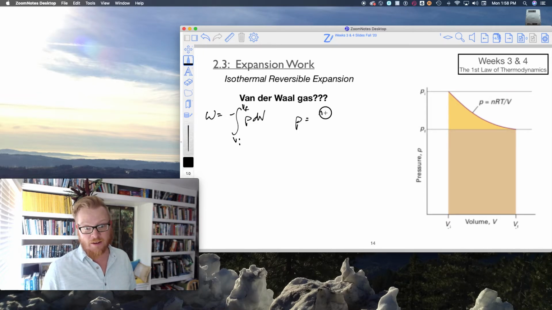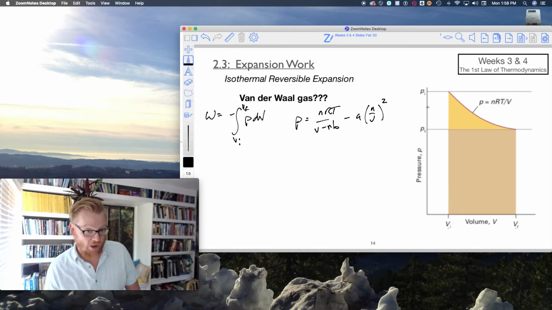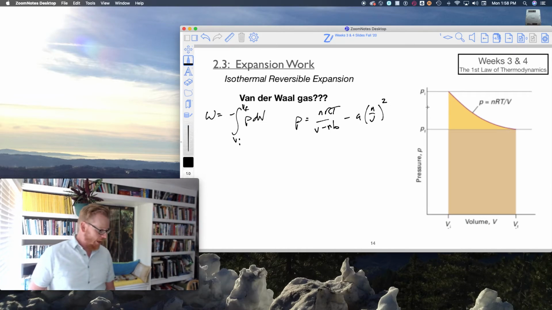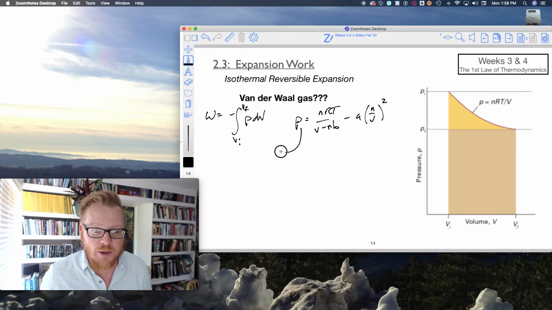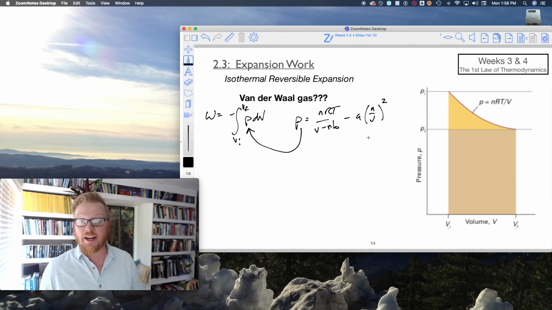Well, it's nRT over V minus nb, minus a times n squared over V squared. So when you put in this value, you're going to integrate this whole expression. It's not so bad, I promise. I'll give you the solution.